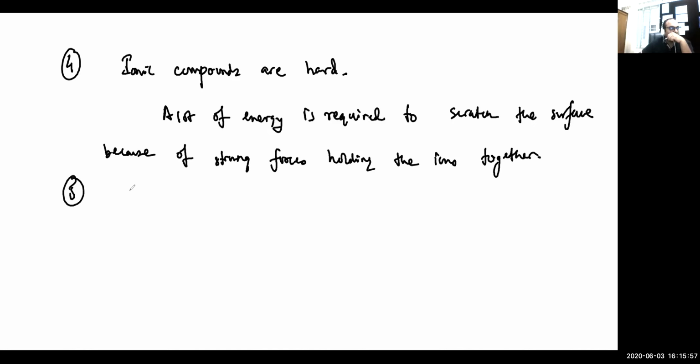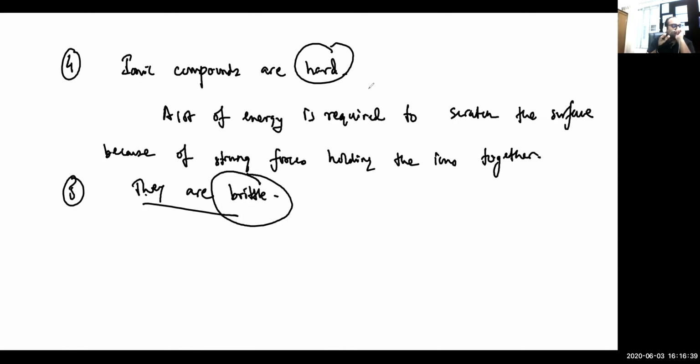But once you exert that amount of energy, it will easily break apart. But if you exert a little force on a metal, it will bend, but it will not break. Could I make you understand, Mahdi? Yes, you made me understand. Okay, good. So they're brittle.